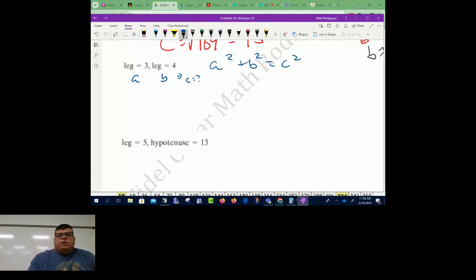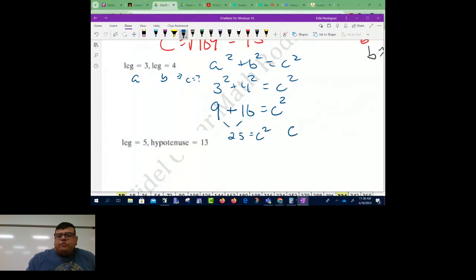So right here, I'm going to put 3 squared plus 4 squared equals C squared. 3 when we square it is 9. 4 when I square it is 16. 9 and 16 is 25. So to find my value of C, I got to take the square root of 25. Boom. That's just 5, right?